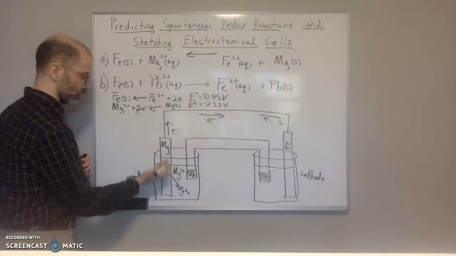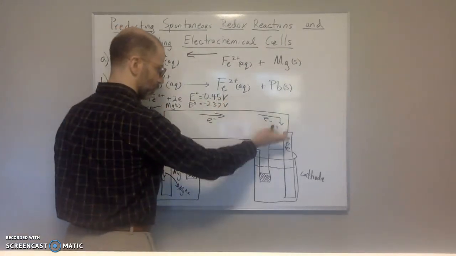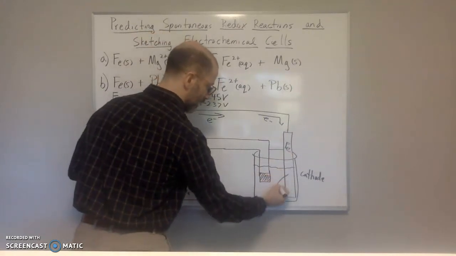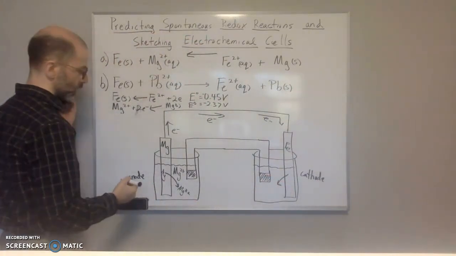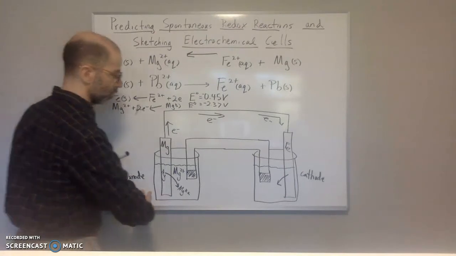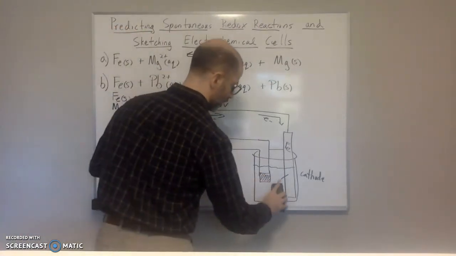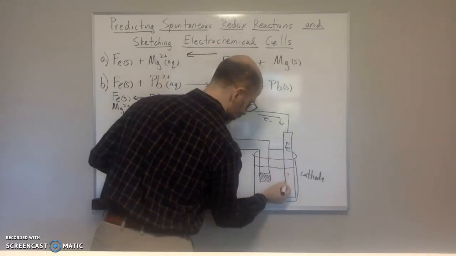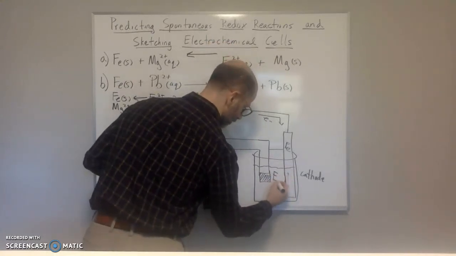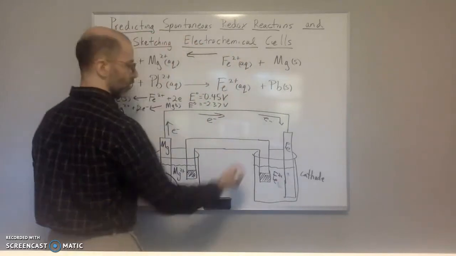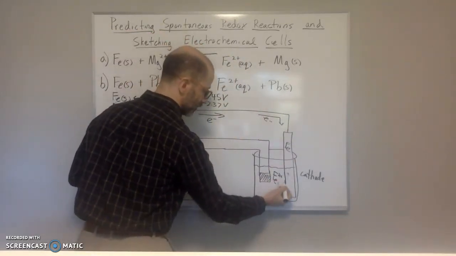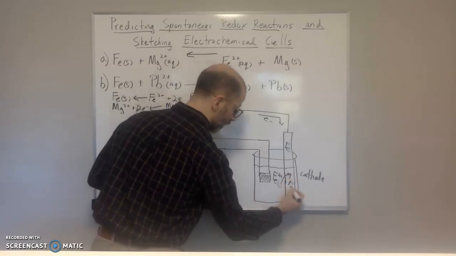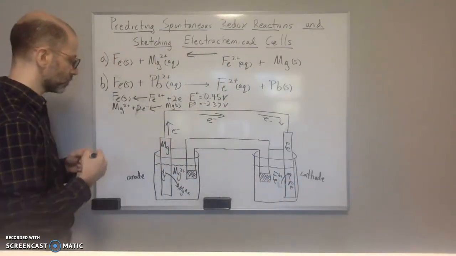Because it's losing those electrons, they're going to be picked up by the iron ions, right? So you have these iron 2+ ions. Those iron 2+ ions are going to pick up the electrons and make more solid iron.